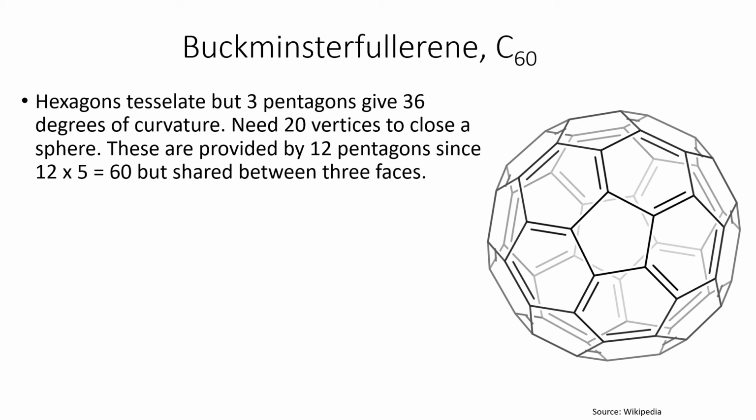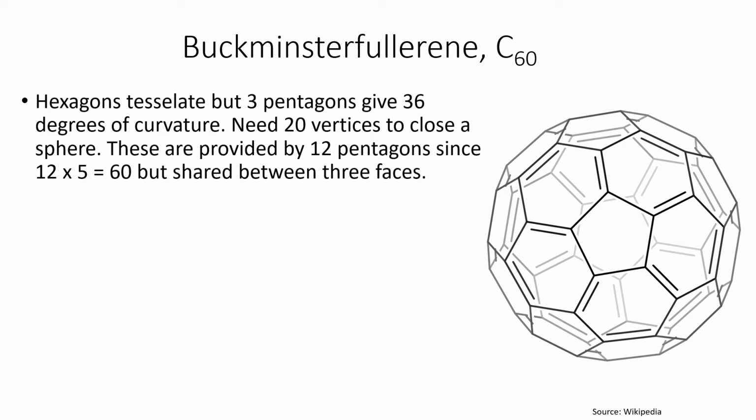And of course that is 36 degrees short of 360. So where those 3 pentagons meet together, being 36 degrees short of covering the plane leads to the whole thing leaving the plane and creating some curvature. And so we can think about 3 pentagons as leading to 36 degrees of curvature.